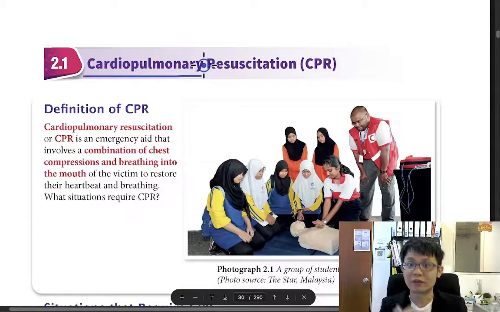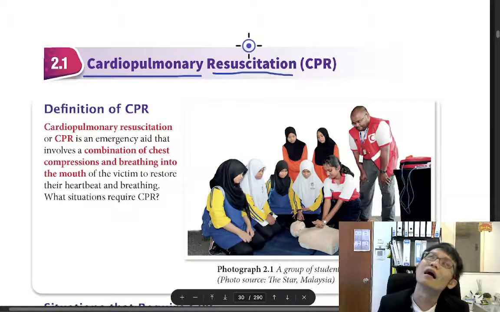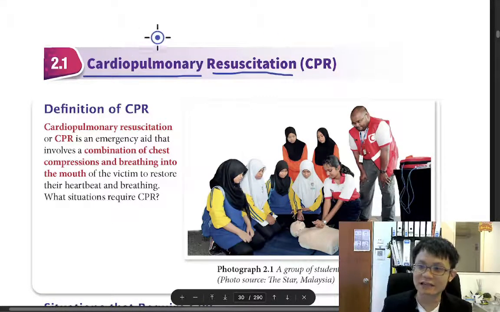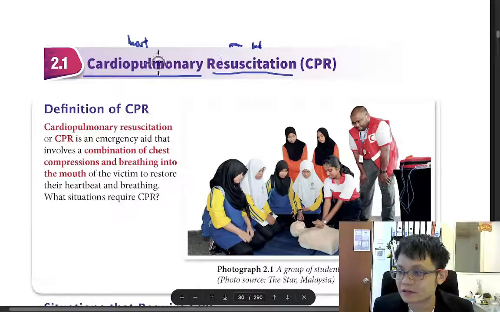Resuscitation comes from the English word resuscitate, meaning to make something move back again. So cardio means the heart, and resuscitation means to move back again.